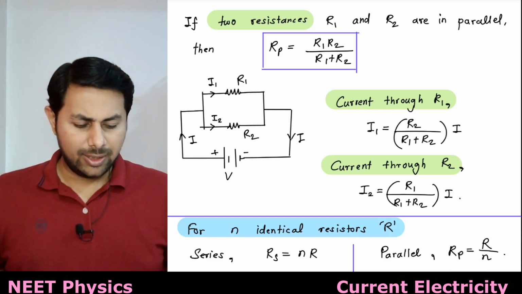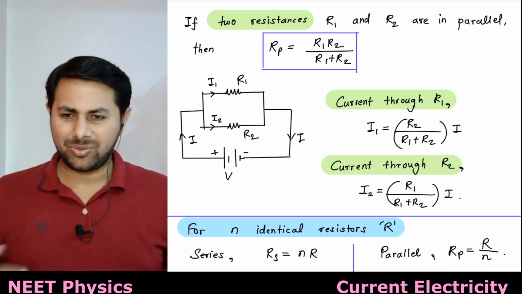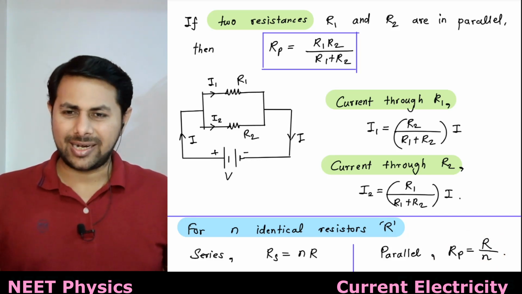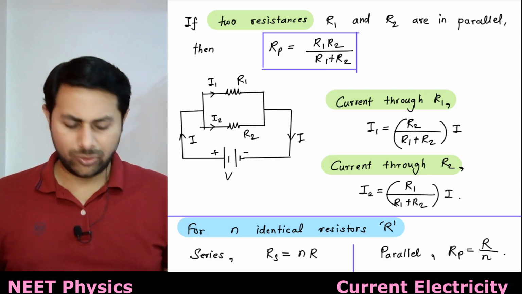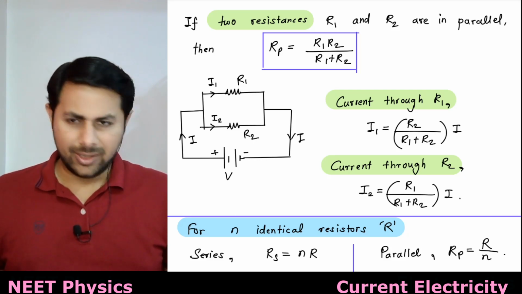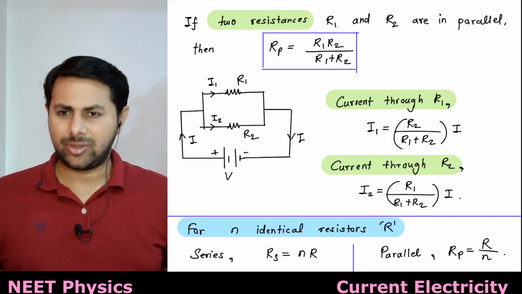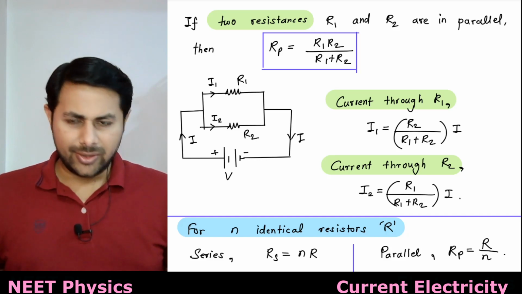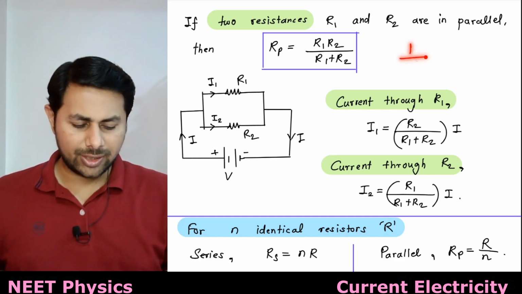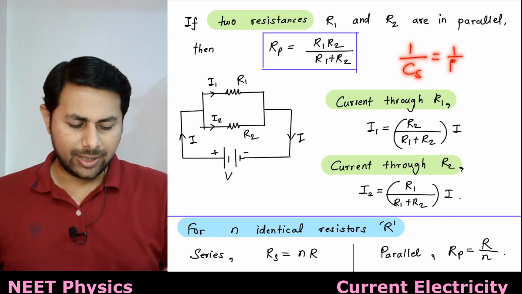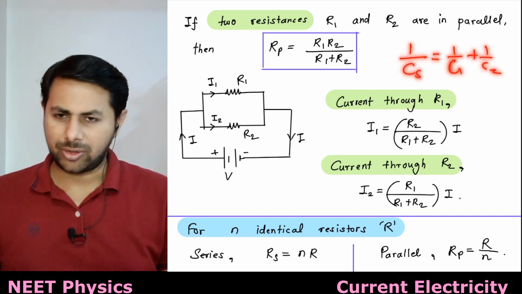Okay, and one more thing: the formulas for capacitors and resistors connected in series and parallel are opposite to each other. You must have guessed that earlier, when we saw the formulas for capacitors. For capacitors in series combination, it's 1 by Cs is equal to 1 by C1 plus 1 by C2 plus so on and so forth.